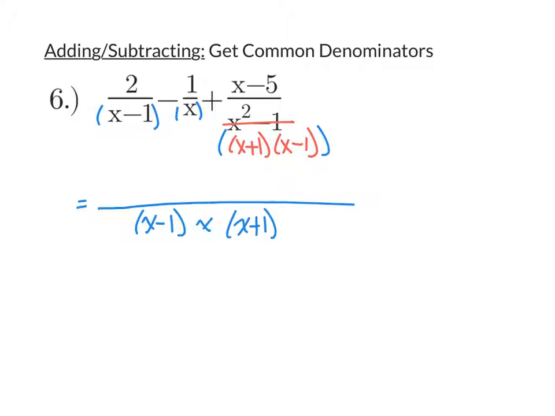That's important to note because now when I go back to my numerators for this 2, I need to compare what I have in my common denominator down here with what was already in the original fraction. Since 2 over x minus 1 already had the x minus 1 in it, what's missing is the x and the x plus 1.